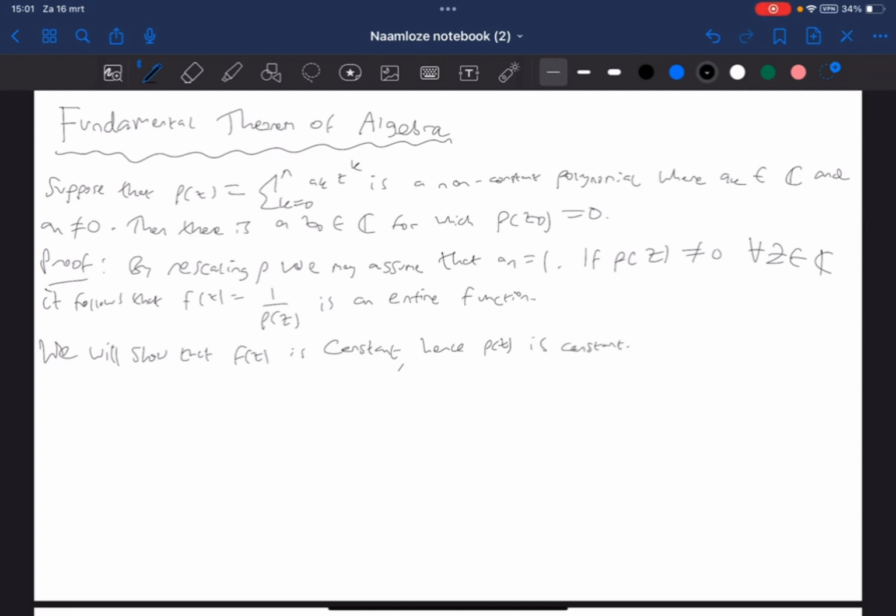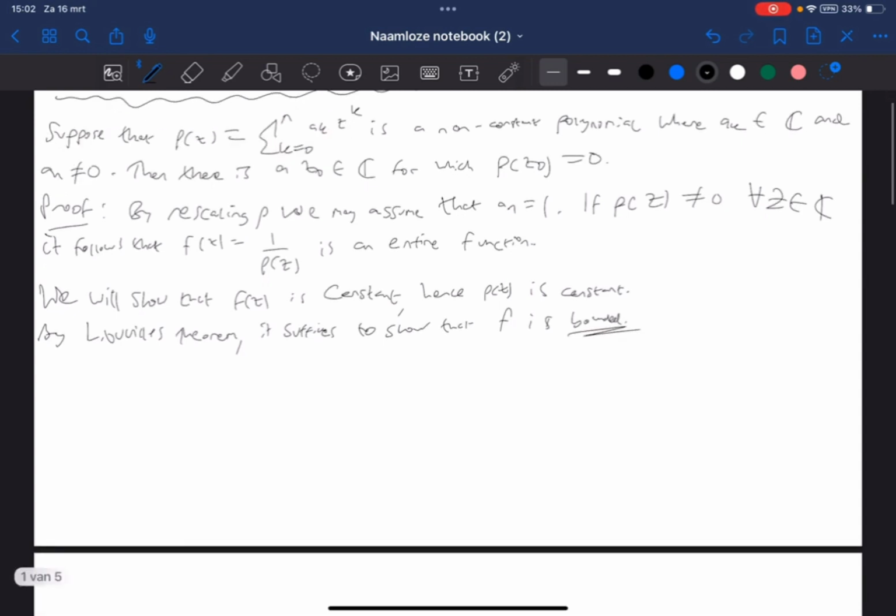So, by Liouville's theorem, it suffices to show that f is bounded. That's the key word there, bounded.